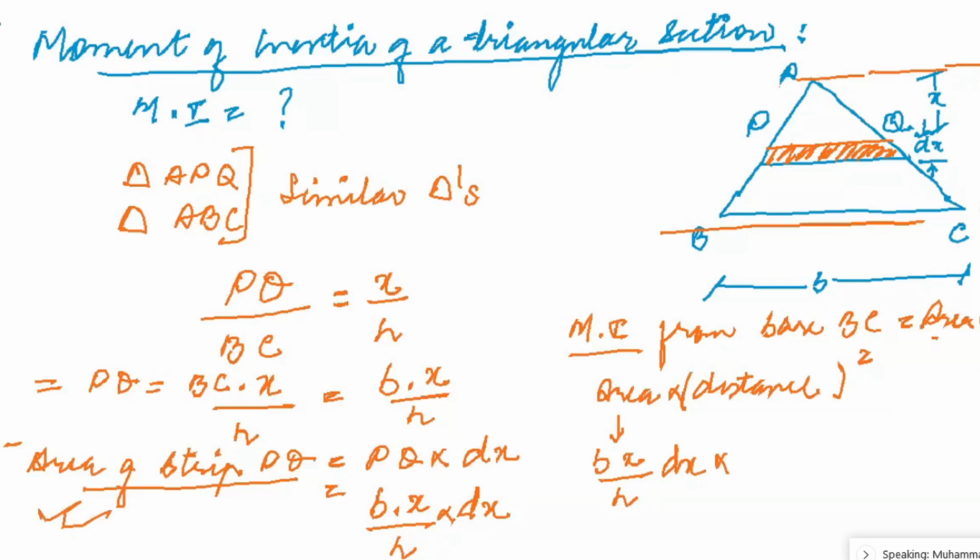Distance from the base. The total height of the triangle is h, and from the point PQ up to the point A, it is x. That means the distance will simply be h minus x, raised to the power of 2.